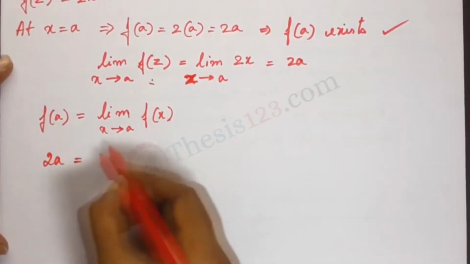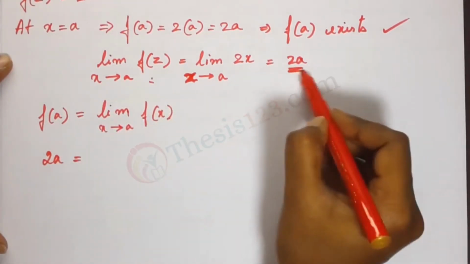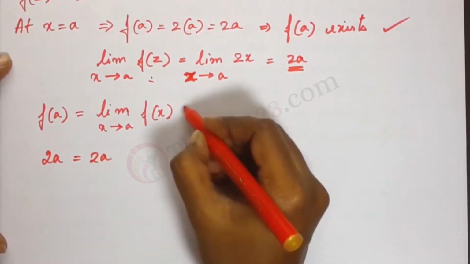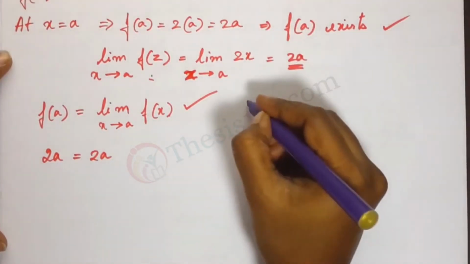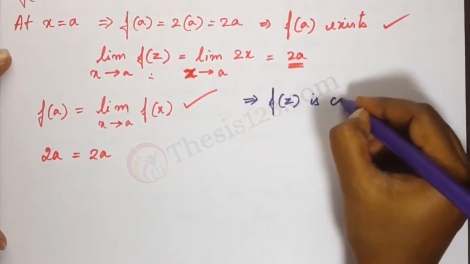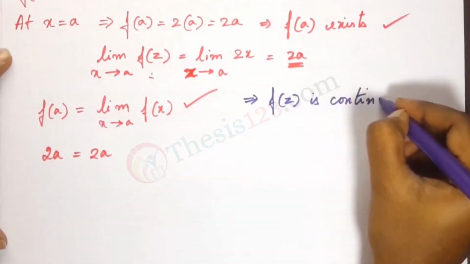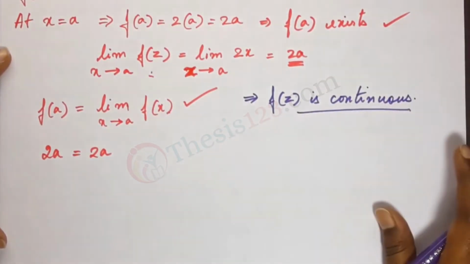So 2a is equal to limit x tends to a, f of x, which is also 2a. So this is satisfied as well. Now because all of these conditions are satisfied, we say that the function f of z is continuous. So that's our first part proven.